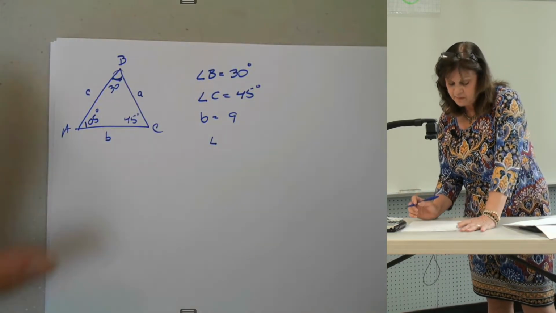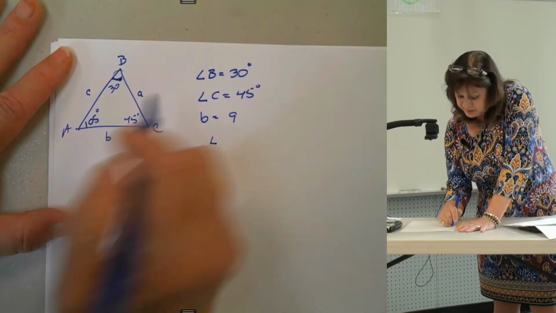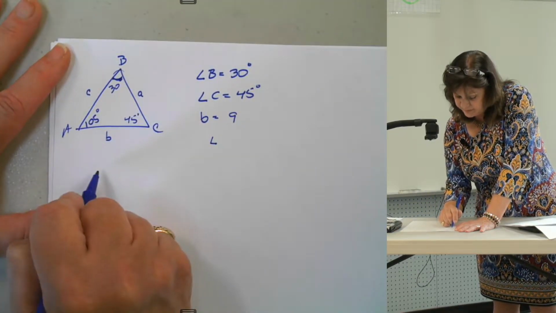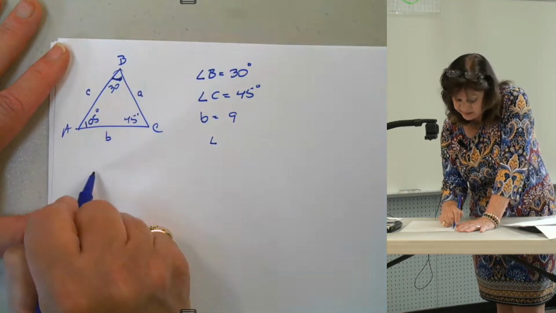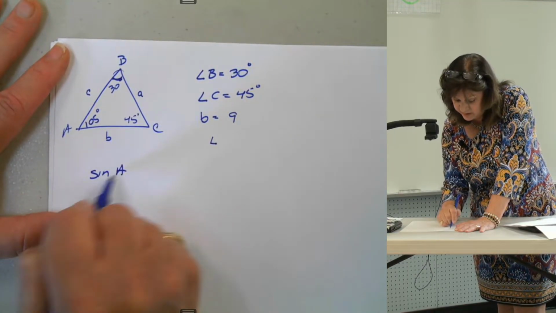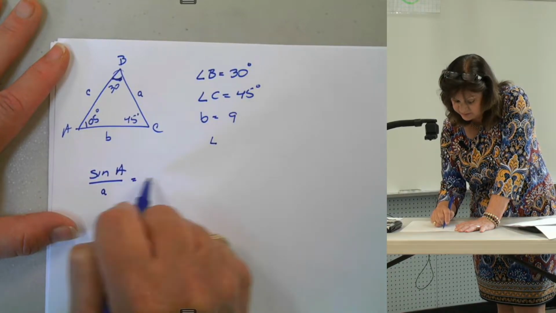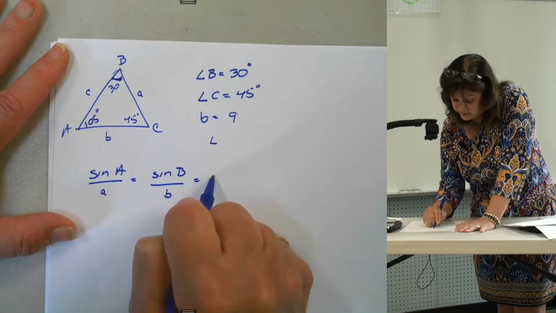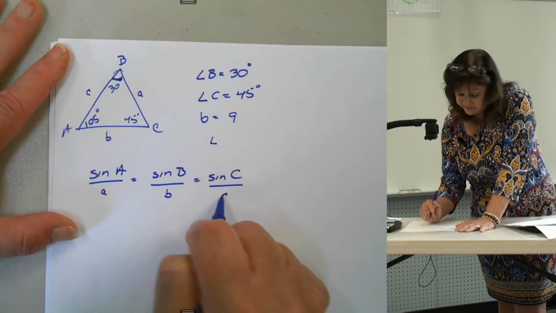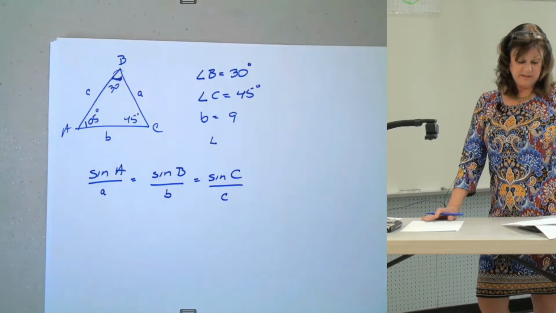Okay? So I know that the sine of A over side length A, sine of B over side length B, sine of C over side length C.